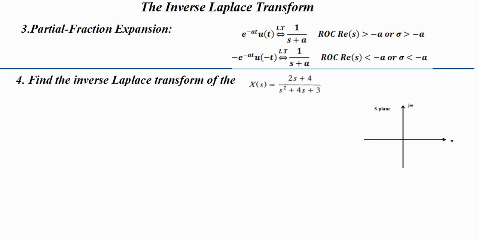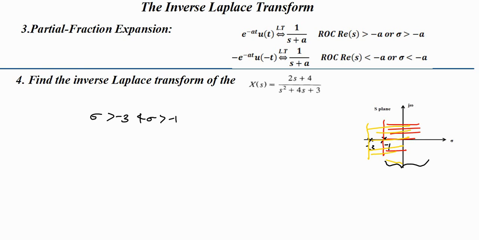First one: sigma greater than minus 3 and sigma greater than minus 1. With the two poles at minus 3 and minus 1, one signal exists for sigma greater than minus 1, and the other exists for sigma greater than minus 3. So both signals exist only from minus 1 onwards.